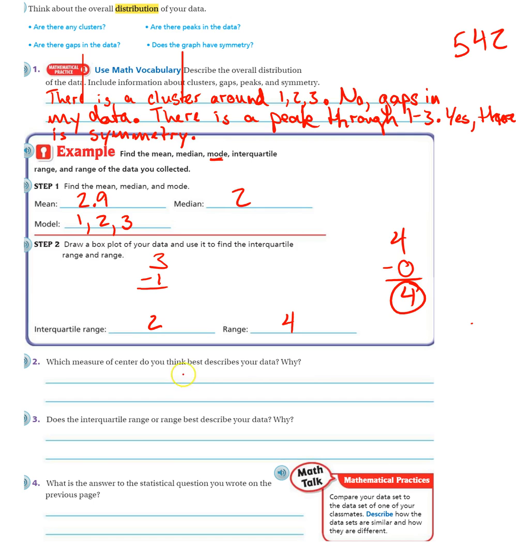Okay, which measure of center do you think best describes your data? Why? I would say the mean in my case. The mean best describes the data because my data is very symmetrical.